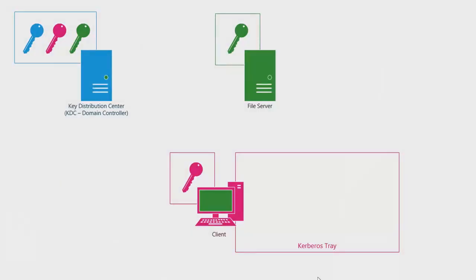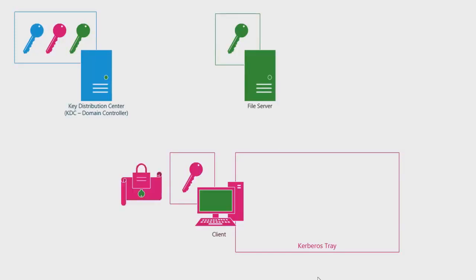Things kick off when the client attempts to log on to the network. The client constructs an authenticator. That's a special little package that says, here's who I claim to be, and some other information, including the date and the time. Those authenticators are only good for a certain period of time, so they can't be captured and then replayed back on the network by an attacker.